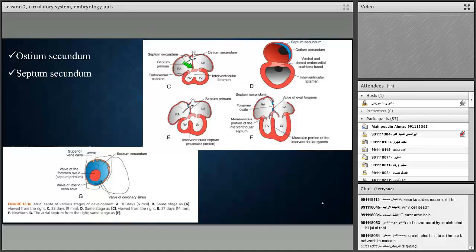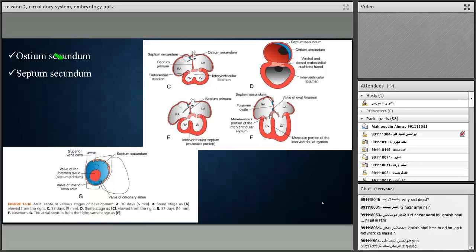But before its closure, there would be another ostium in the septum primum which is called ostium secundum. Okay, clear? Ostium secundum. The blood can pass through this ostium and enter the left atrium from the right atrium.